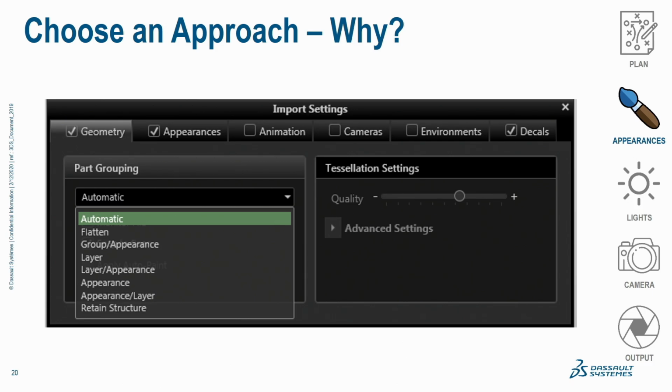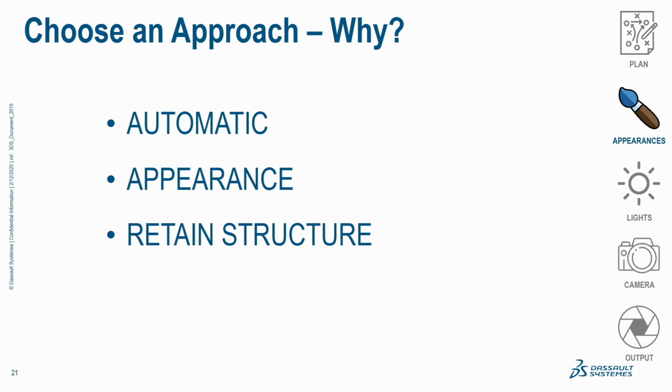This list is kind of overwhelming though, so there's a lot of options in there, and a lot of them don't apply to us as SolidWorks users. So if we boil this down to the ones that really apply to us as SolidWorks users, there's really 3 options that we have. We've got automatic, we have appearance grouping, and we have retain structure.